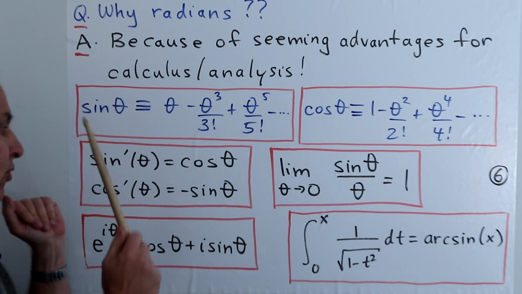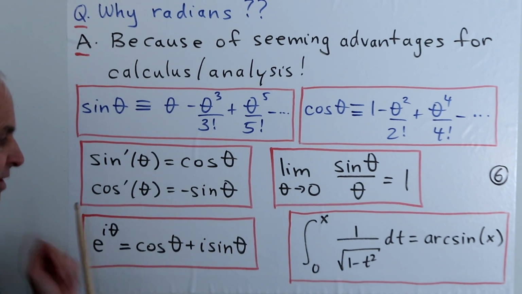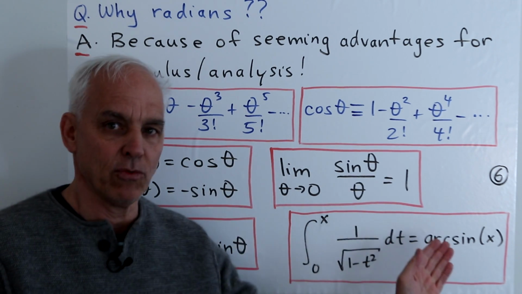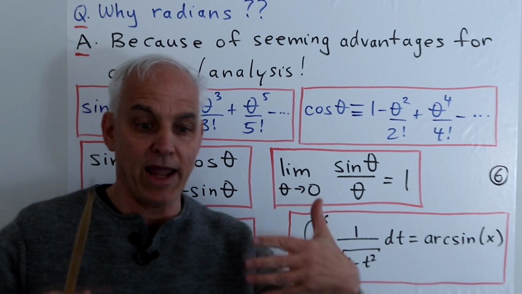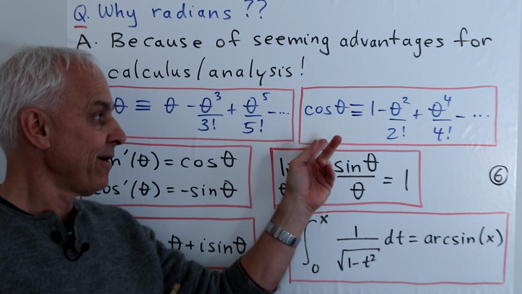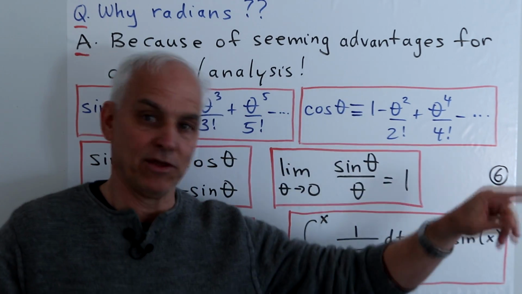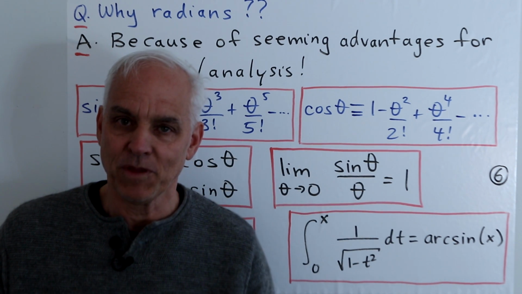We have formulas for derivatives, we have formulas for limits, we have connections with the exponential, and we have connections with basic integration theory. So there are lots of reasons why analysts are happy to consider these kinds of functions, and then they want to connect it with the geometry, and for that we need to have the angles be radians.